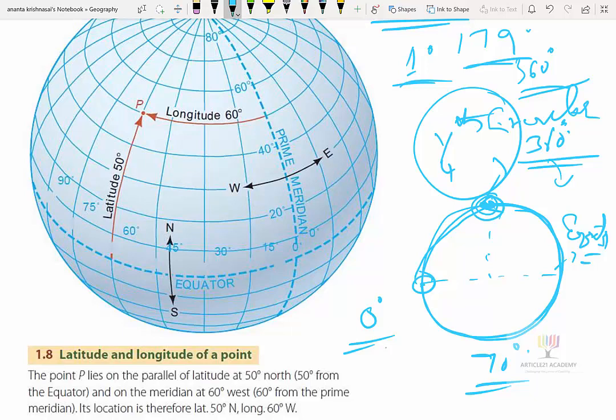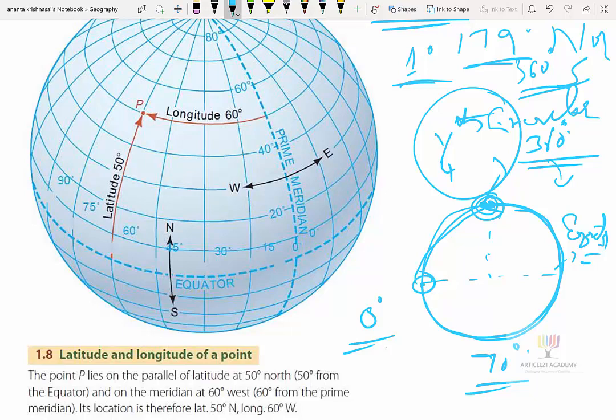Depending upon the location of a particular feature or place on Earth, north or south of the equator, the letter N or the letter S is written along with the value of the latitude. Remember that if the Earth were a perfect sphere, the length of each latitude, that is, a 1 degree latitude arc of a meridian, would be a constant value, and if you calculate this, it will be around 111 kilometers everywhere on the Earth.